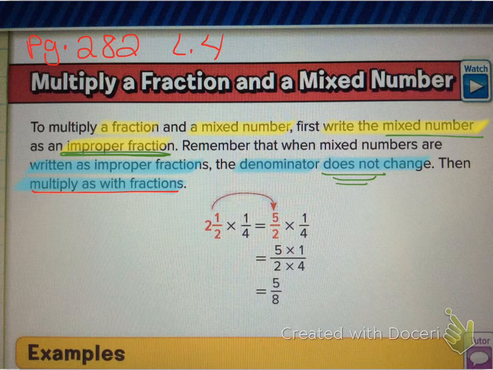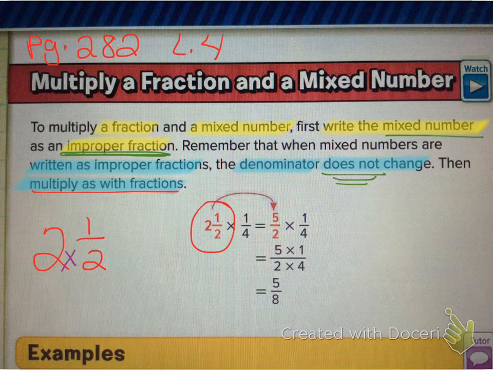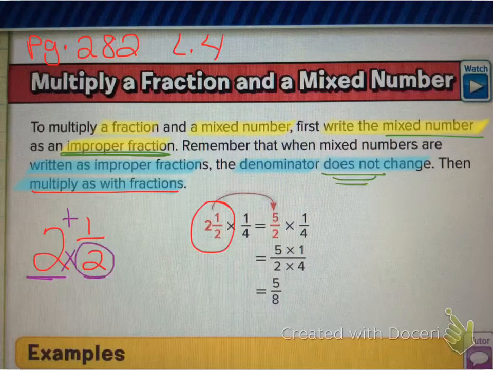Okay? So to do that, if we have 2 1/2, you have to remember to multiply and then add. So we multiply and then add. So remember to always put a plus sign and a multiplication sign. We multiply our whole number times our denominator.